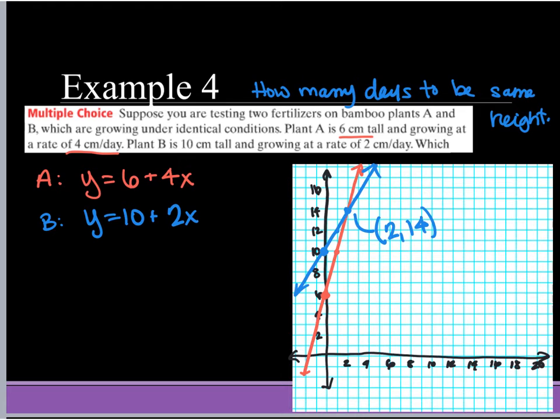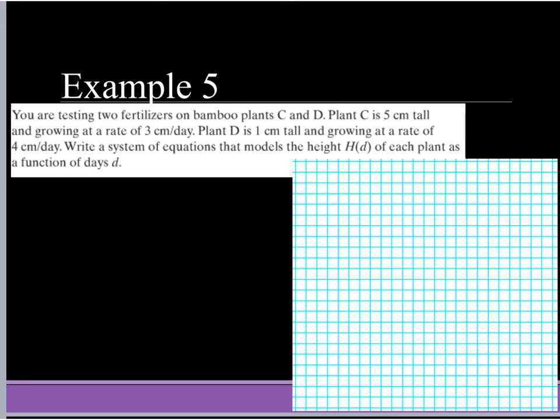Well, X is representing the number of days, and Y is the height of the plant. So I can see it's going to take me 2 days to reach a height of 14 centimeters, and this is when both plants will be the same height. So your solution then is going to be 2, 14.